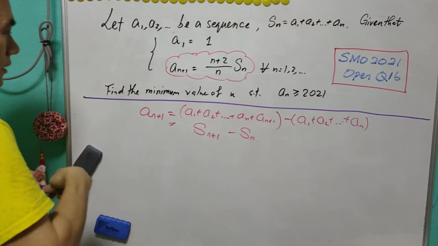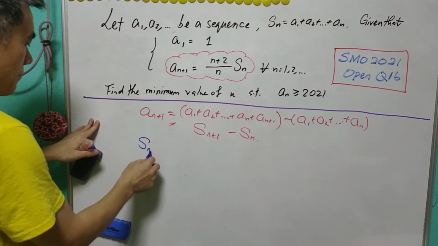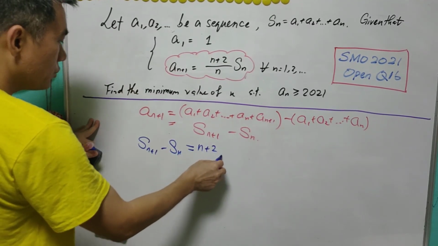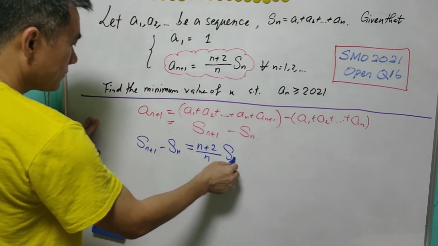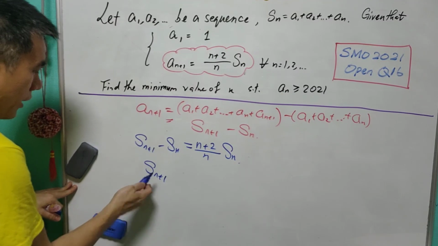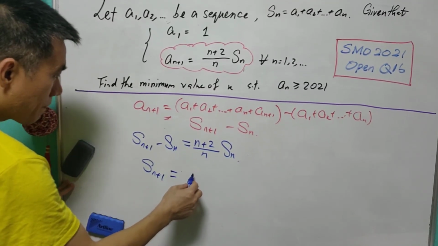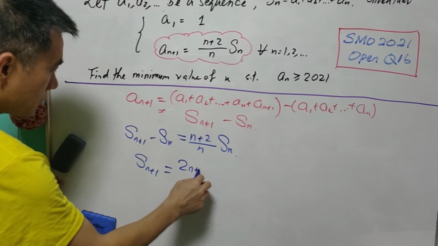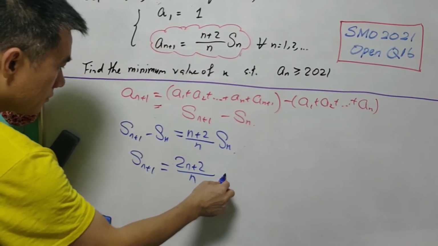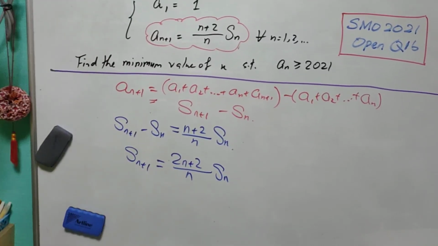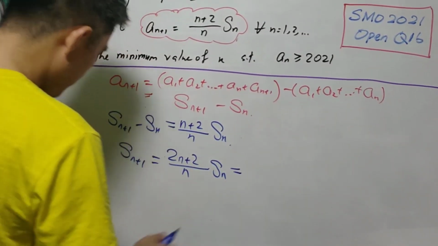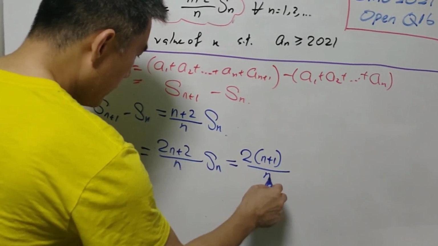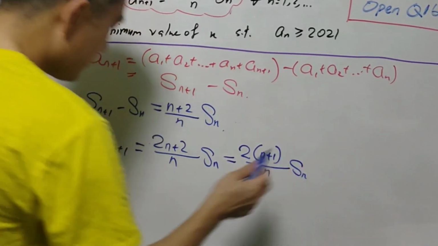Using this relation, S(n+1) minus Sn equals (n+2)/n times Sn. So we have S(n+1) equals, bringing this over, (2n+2)/n times Sn, and this is equal to 2(n+1)/n times Sn.